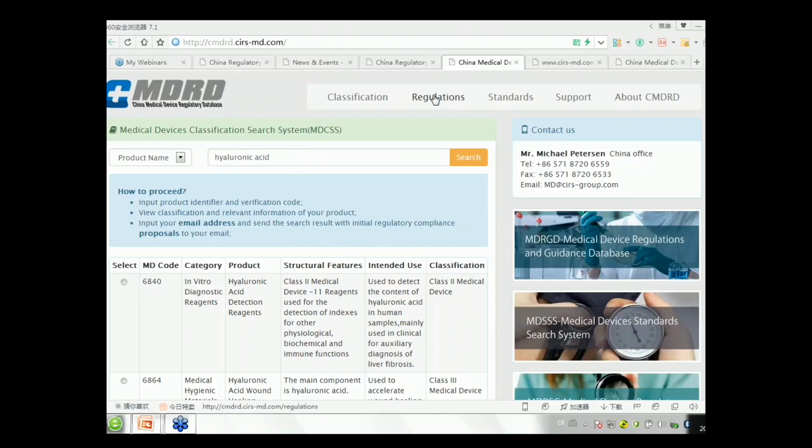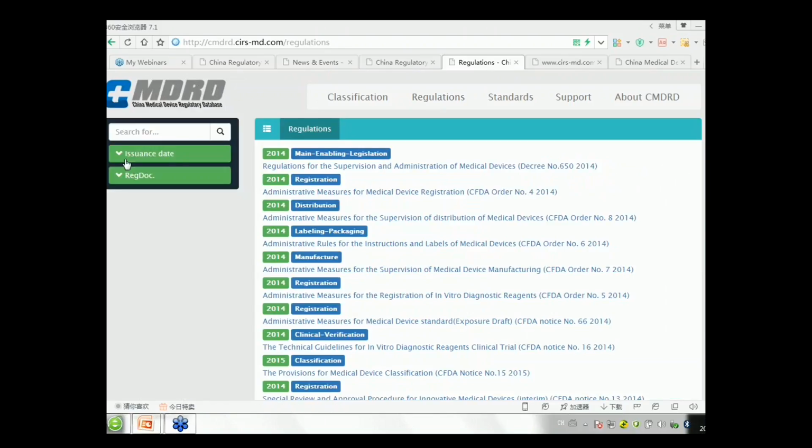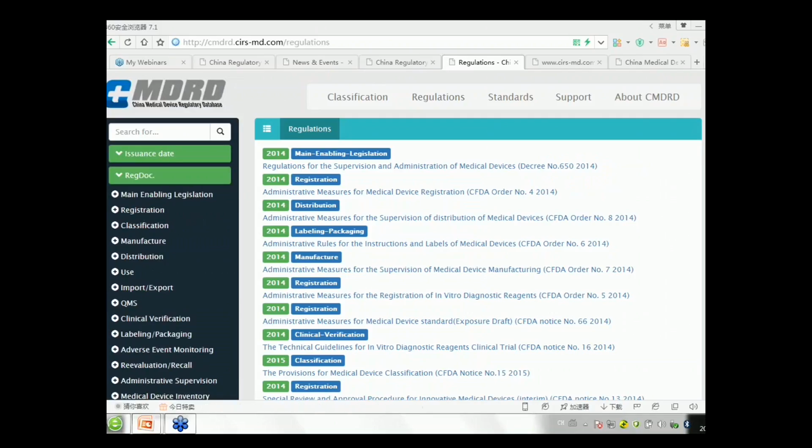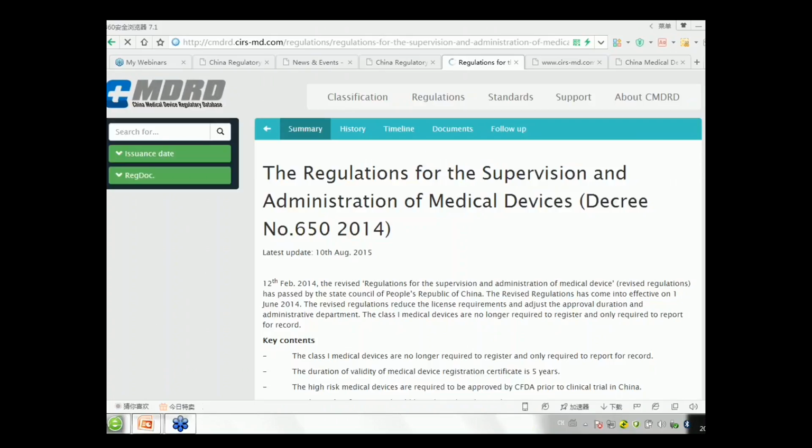Also, we got the regulations. You can choose based on the different issuance dates. Also, you can search based on registration, manufacturer, distribution, just anything you like. Also, you can search for very specific regulations, like number 650, which is a guideline.